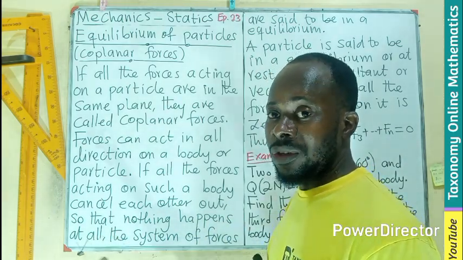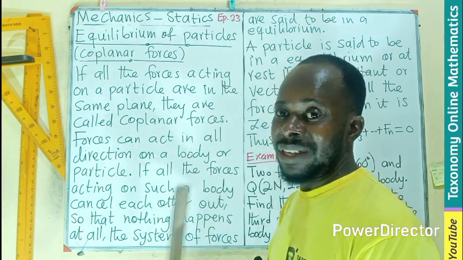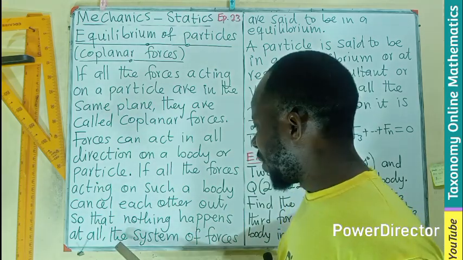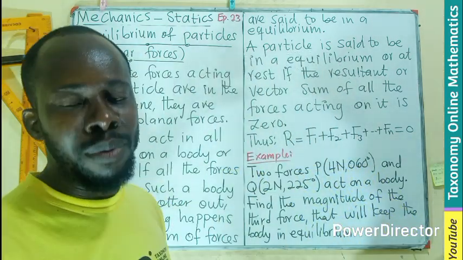Forces acting cause a body to move. So if the forces are acting upward, downward, and the body still remains at rest, nothing is happening, then the system of forces is said to be in equilibrium.